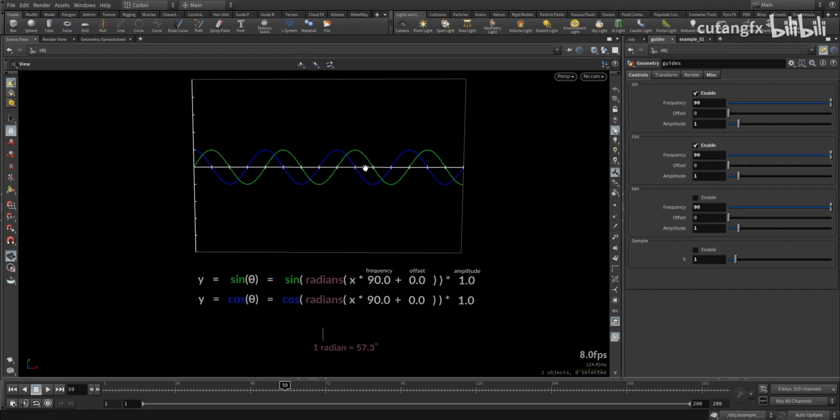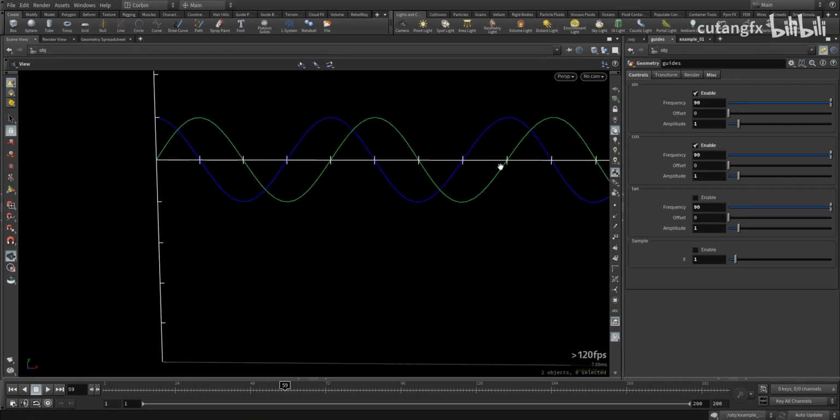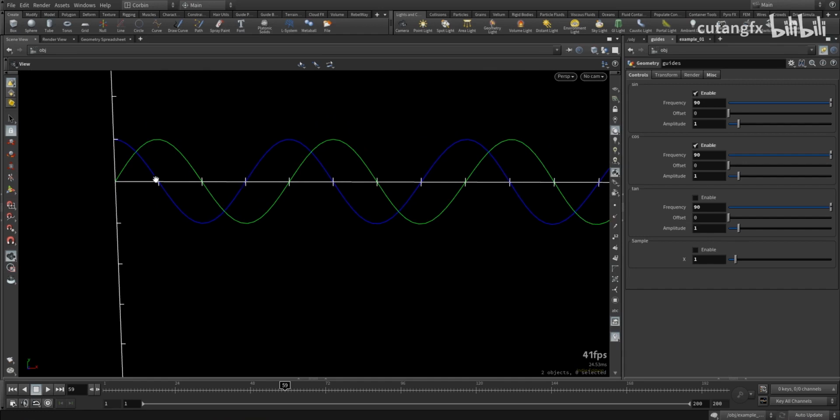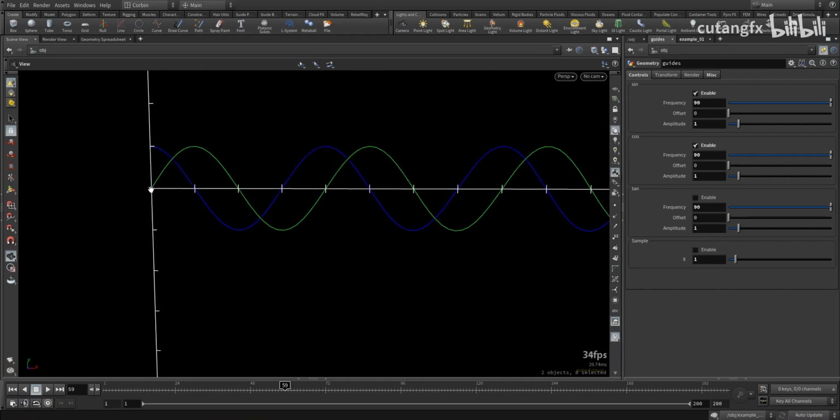So this can be very, very useful for us, and you'll see why. I'm going to show you just now an example of how we're going to use the sine and cos waves, but it's just good to know that they are literally an offset of one another by a quarter of a cycle. Because you'll see here the waves go, so our cos starts at 1, our sine starts at 0. So with sine, it goes 0, 1, 0, -1.